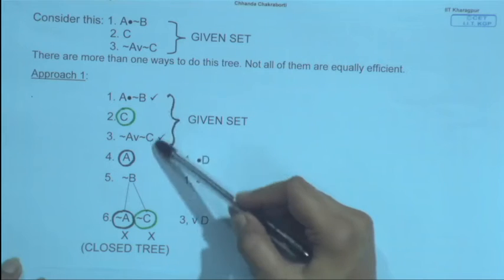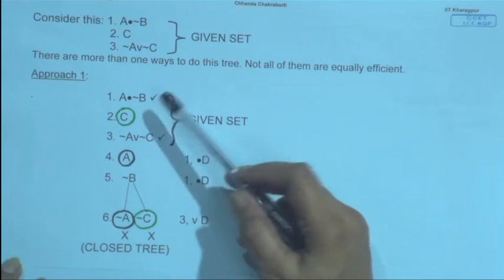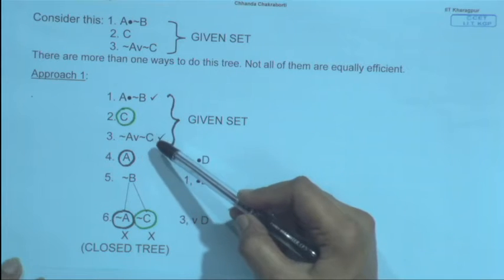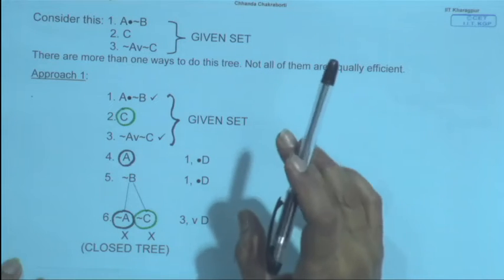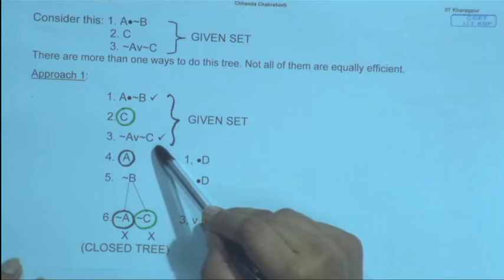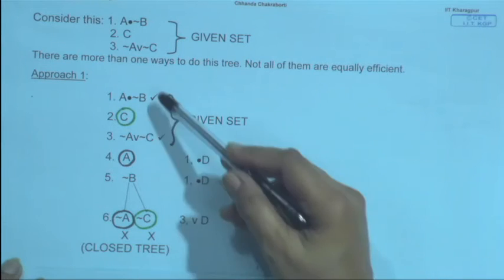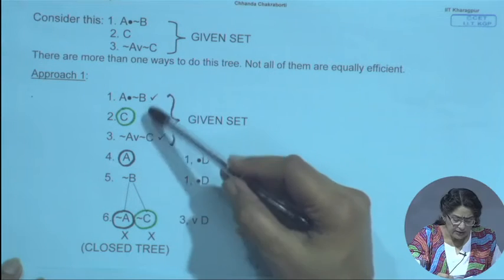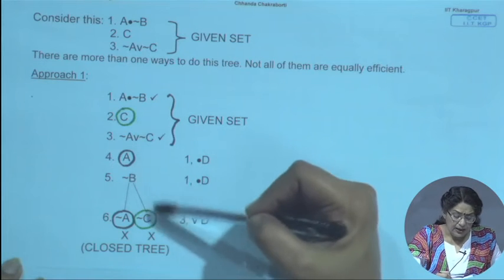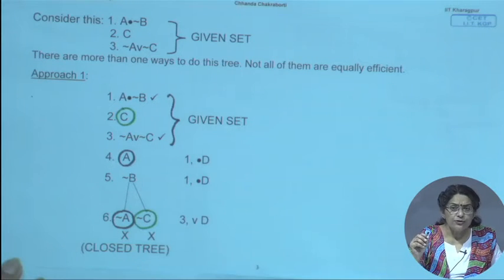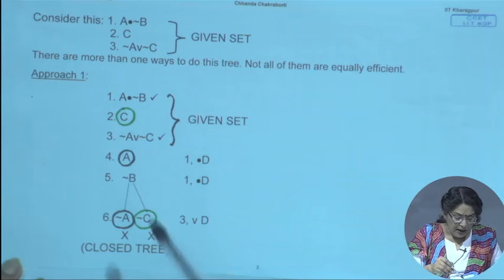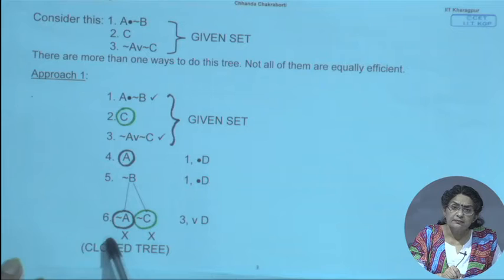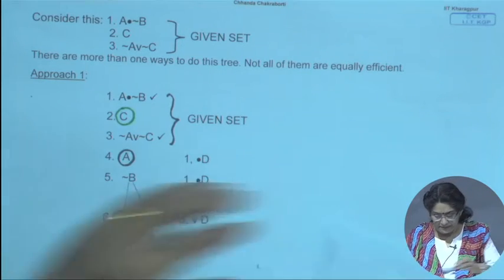When there is a choice between two decompositions, and one of them is linear, with no bifurcation, only a single branch coming out, while the other gives you the bifurcation option, this approach shows that the person decided to keep it linear as far as possible, and only when it comes to a compulsion does the bifurcation come. This keeps replication to a minimum. How many steps here? 6. Okay, let us take a look at other ways of doing it.